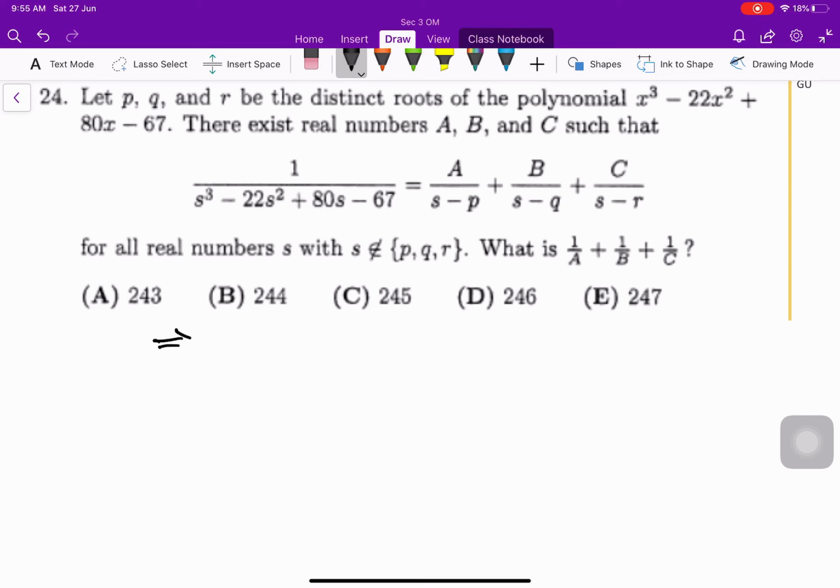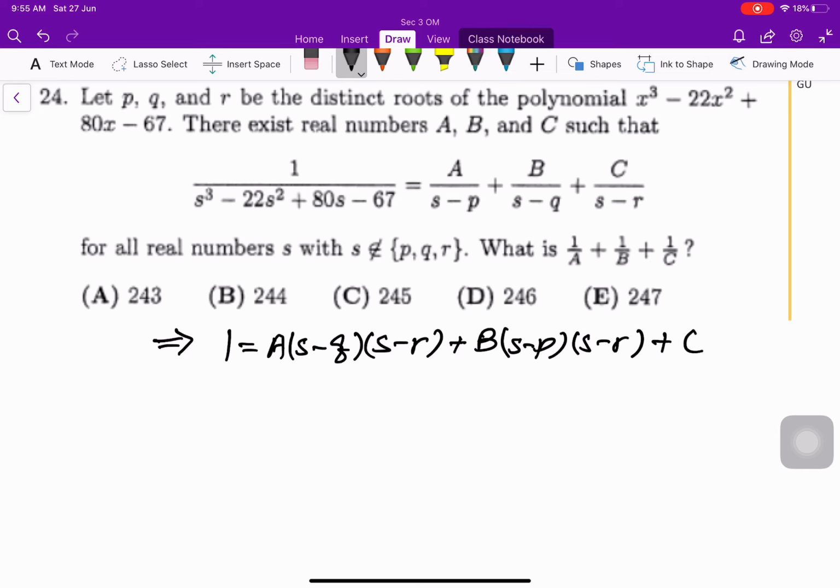That implies 1 is equal to A times (S minus Q) times (S minus R), and then plus B times (S minus P) times (S minus R), and then finally C times (S minus P) times (S minus Q). This is what you get.